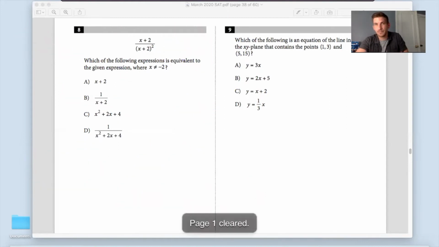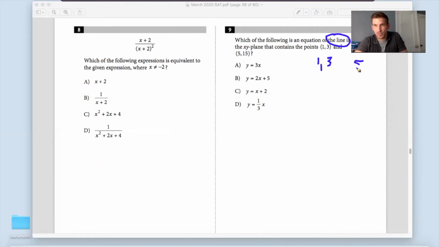All right? So number 9 states, which of the following is an equation of the line xy that contains points 1, 3, and 5, 15?